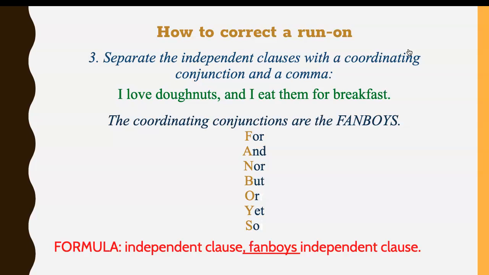And you learned how to use fanboys last quarter. And just as a reminder, the fanboys are for, and, nor, but, or, yet, so. So the formula for this would go independent clause 1, comma, fanboys, second independent clause. Super easy, little to no effort on your end.